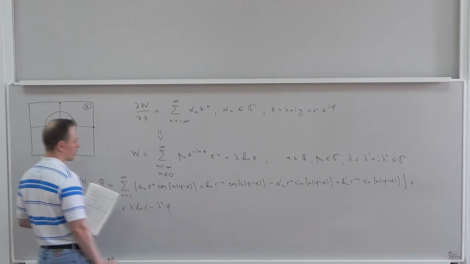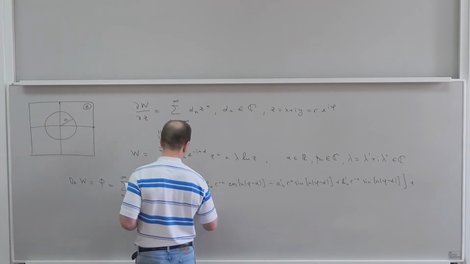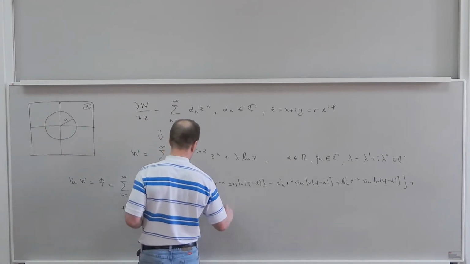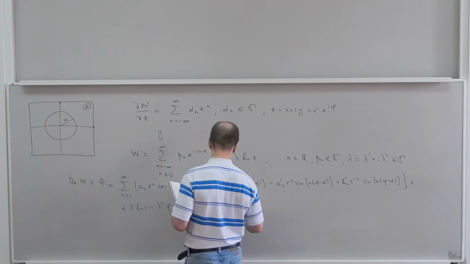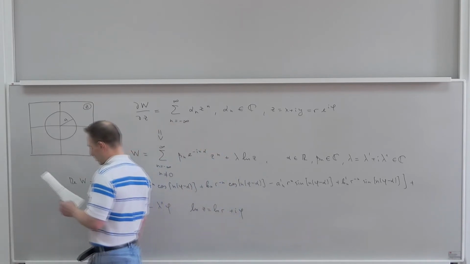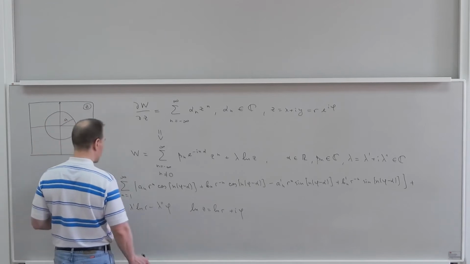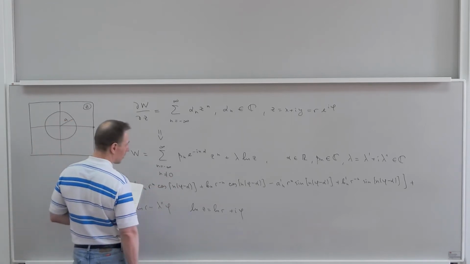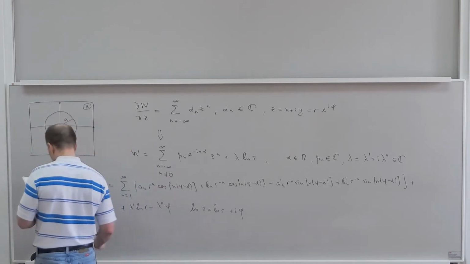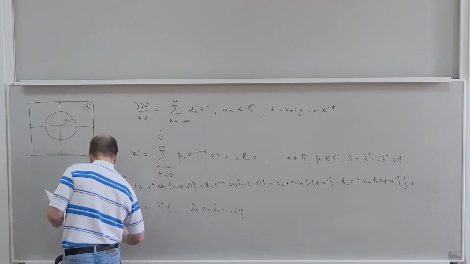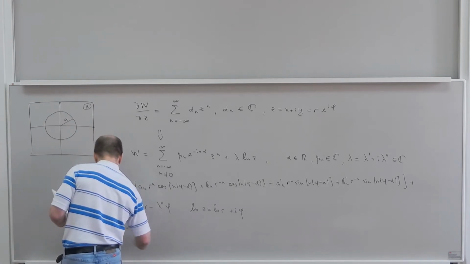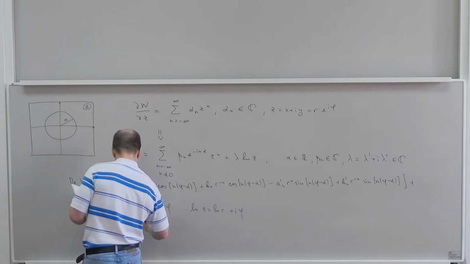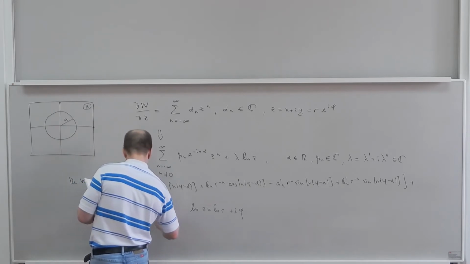I remind you that logarithm of z is equal to such an expression, and the following notation for the constants an and bn was introduced, namely beta n represented in the form.